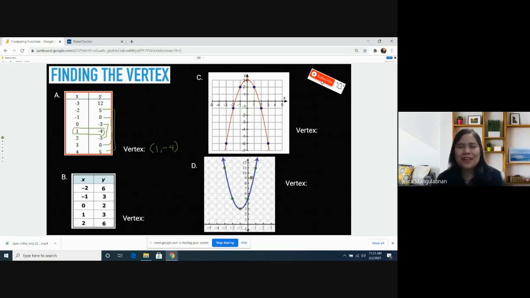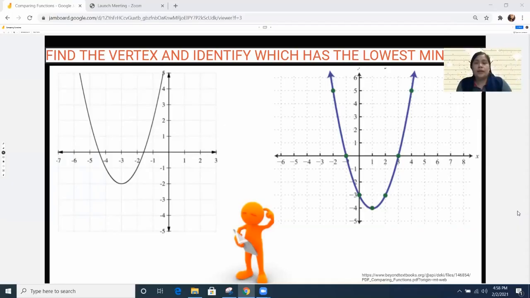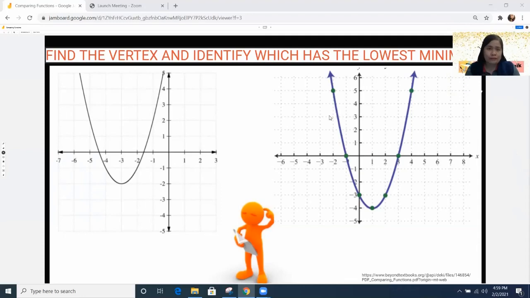Hope you've learned a lot from today's video about comparing functions and identifying the vertex. So let us first have a review from yesterday's part 1 discussion about comparing functions. We identified the vertex given a graph. For this one, we're going to compare two quadratic functions.